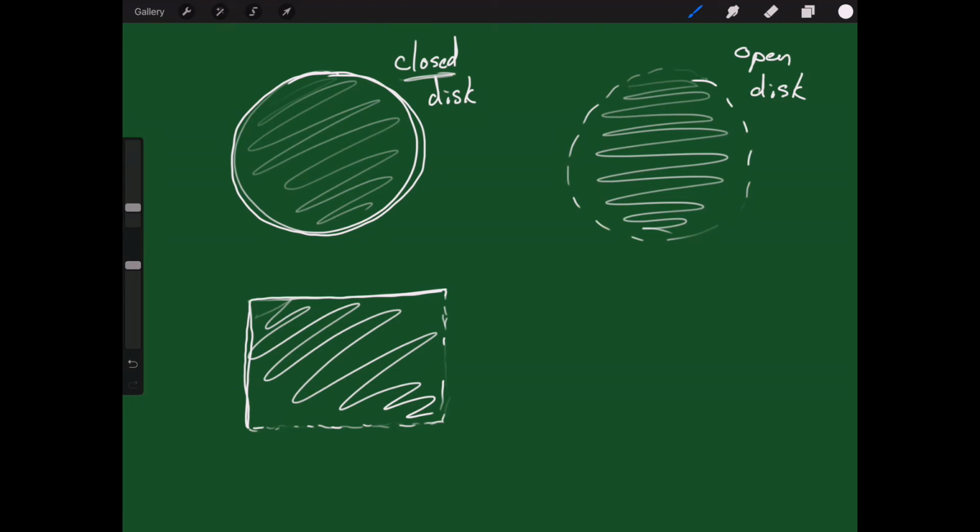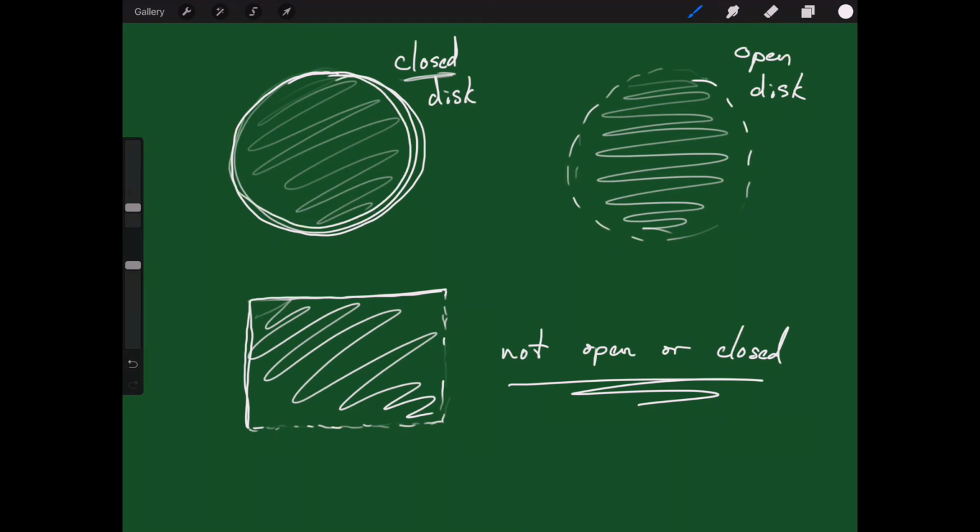If it was open, it wouldn't include any of its boundary, so it's not open. So this is neither open nor closed. A set doesn't have to be open, and it doesn't have to be closed. It could be neither. But if it contains all of its boundary, we call it closed, and if it contains none of its boundary, we call it open.